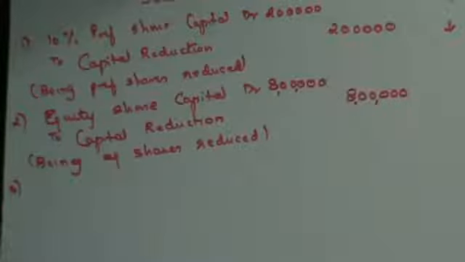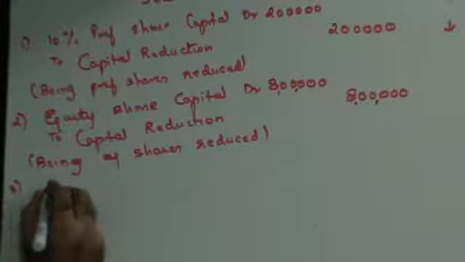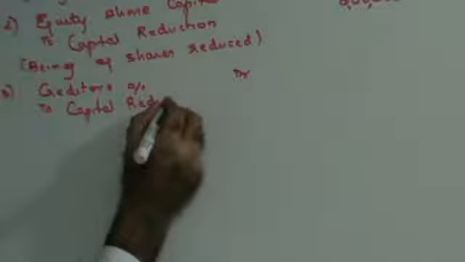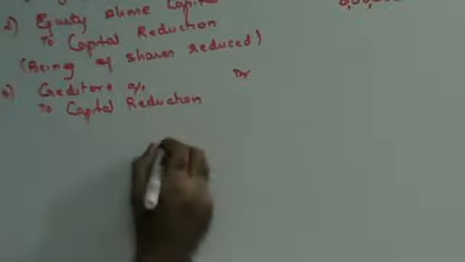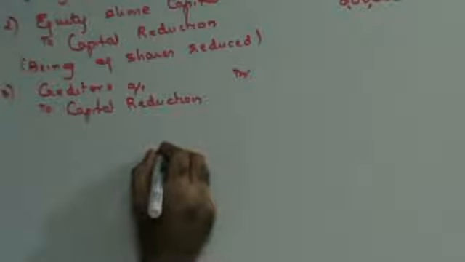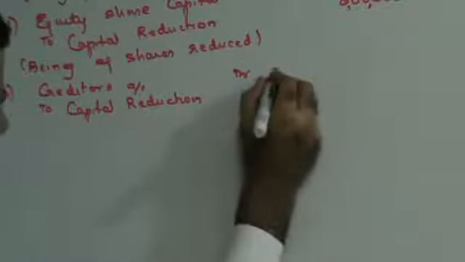Creditors agreed to reduce their claim by 20,000 and bills payable are to be paid immediately. Creditors, liability going down. Liability going down means capital reduction on the credit side. So this will be creditors account debit to capital reduction. They are saying that creditors agreed to reduce their claim by 20,000.